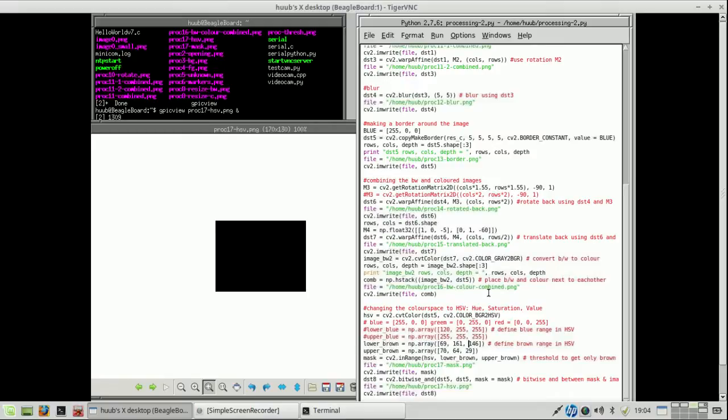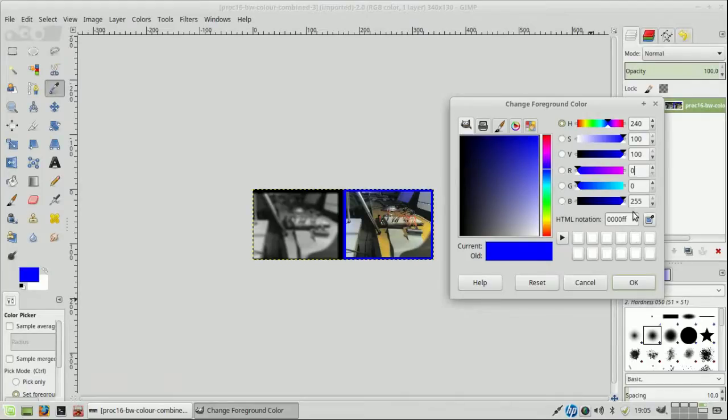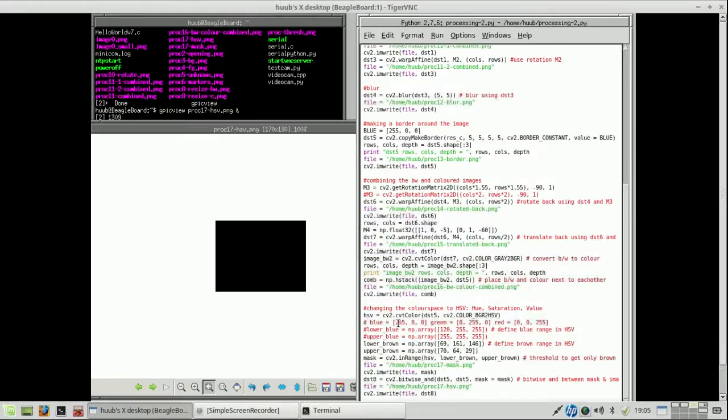And what the more is, I actually have no idea. The 255 is this, which is very clear. But apparently this is not the reverse of it.